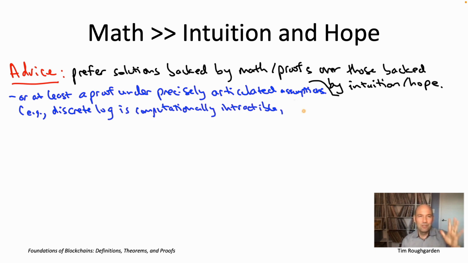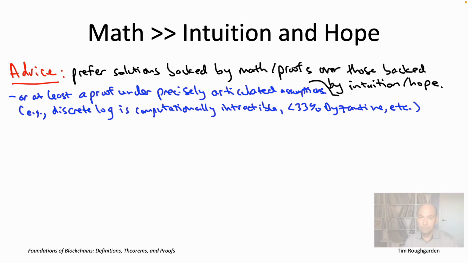That's an assumption. At least it's very clear what the assumption is that you need for your solution to work correctly. Similarly, maybe you have an assumption on what fraction of the nodes running your protocol are Byzantine versus honest. But again, it would be a clearly articulated assumption, so that if the solution fails in practice, it must be because one of the assumptions did not hold.